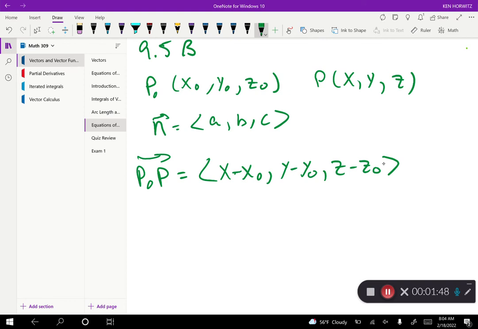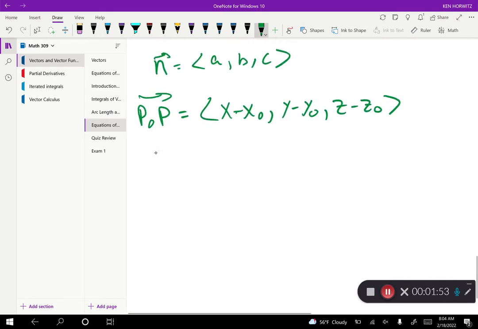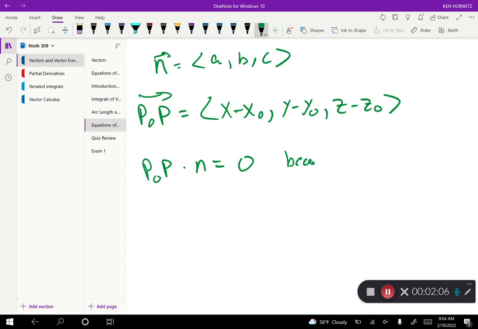Now, if I'm saying that P naught P is in the plane and N is normal to the plane, then if you remember in our dot product, what we said was that if we had P naught P dot N, that would equal 0 because they are perpendicular.